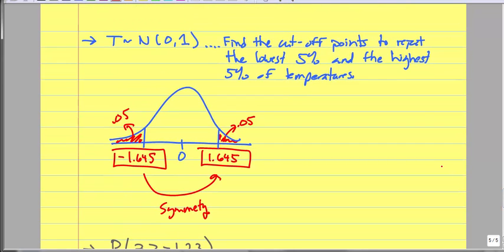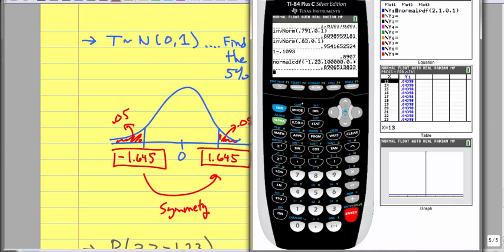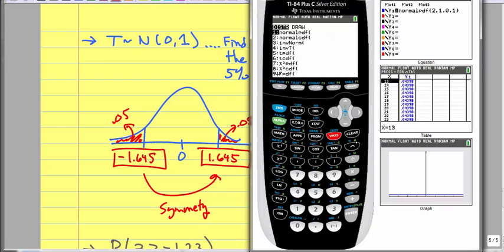So to do this problem, I would use the inverse. So I do second DISTR, inverse normal. Now the x value, whoops, I hit normal, so let's try that again. Second DISTR, inverse normal.